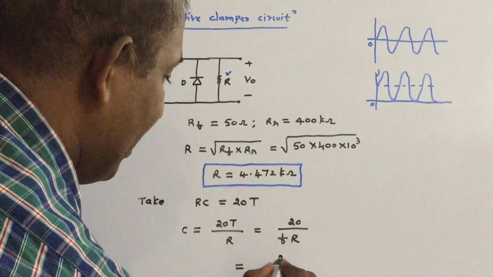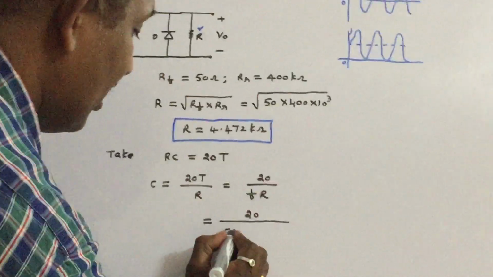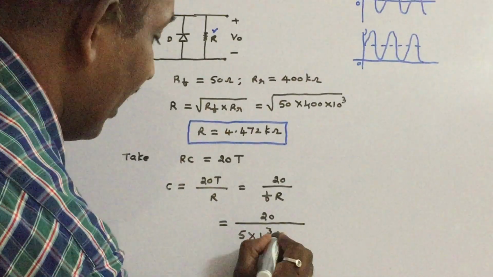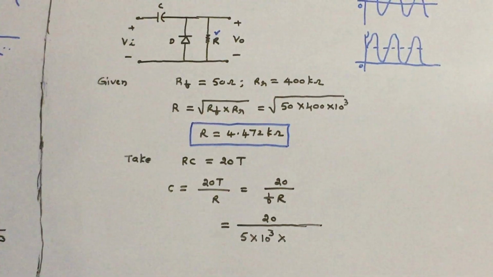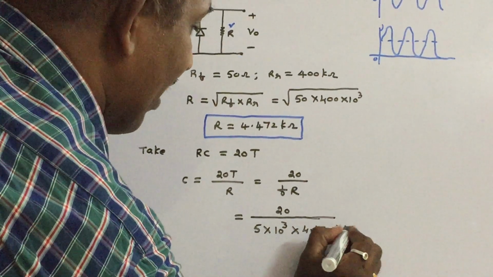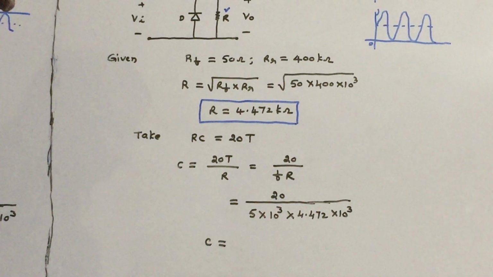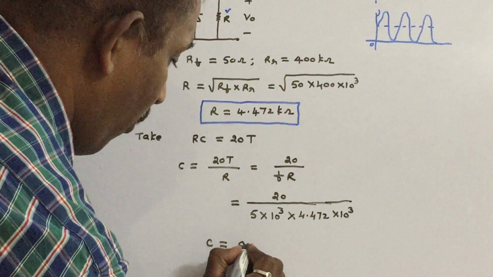So that is equal to 20 divided by, what is the input frequency given? Input frequency is given as 5 kilohertz, 5 into 10 cube, into what is the resistor value we got? 4.472 into 10 cube.